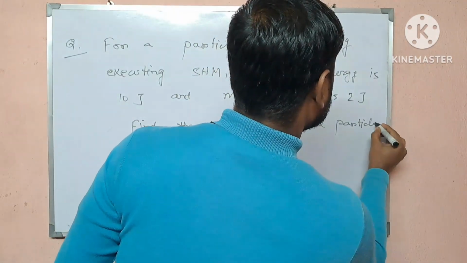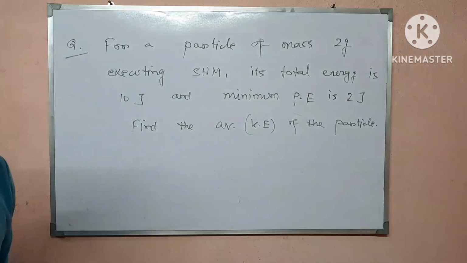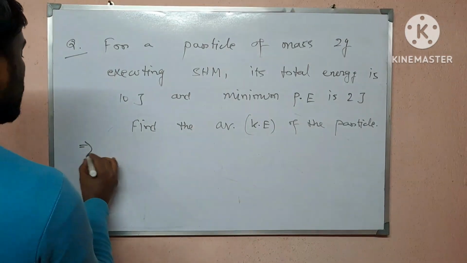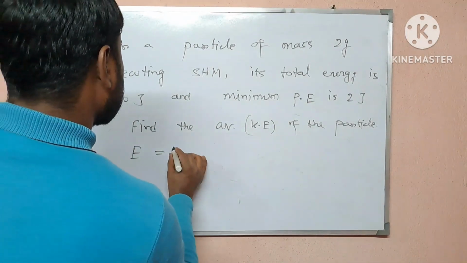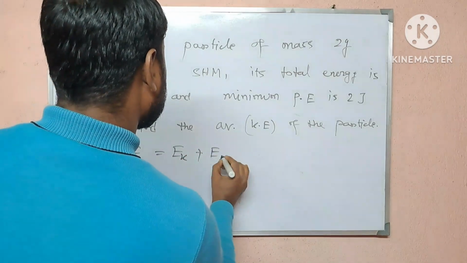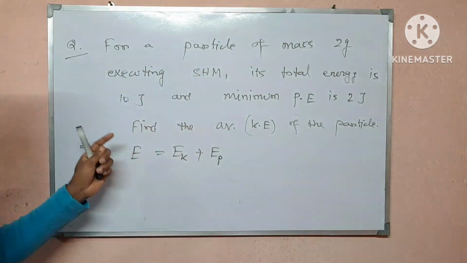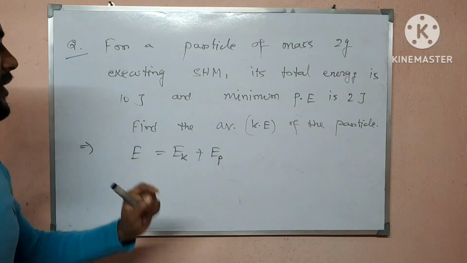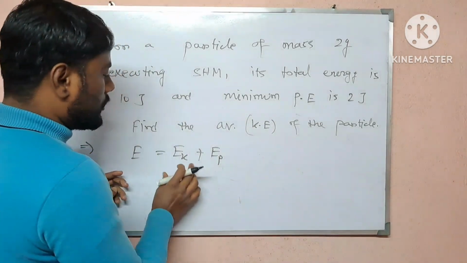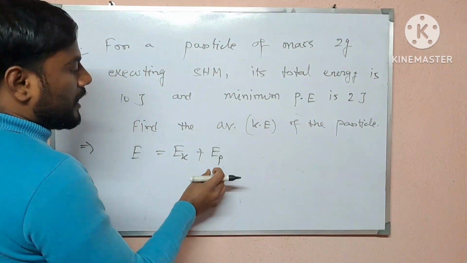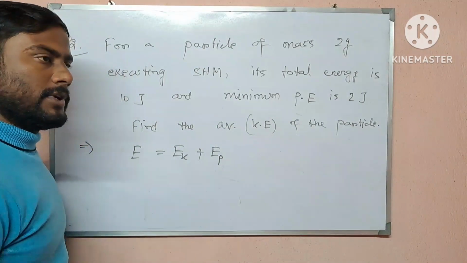So now here we can write, we know that total energy is the sum of kinetic energy plus potential energy, and here they say that the potential energy is minimum. Total energy is always conserved, that means the sum of kinetic energy and potential energy will always be constant.